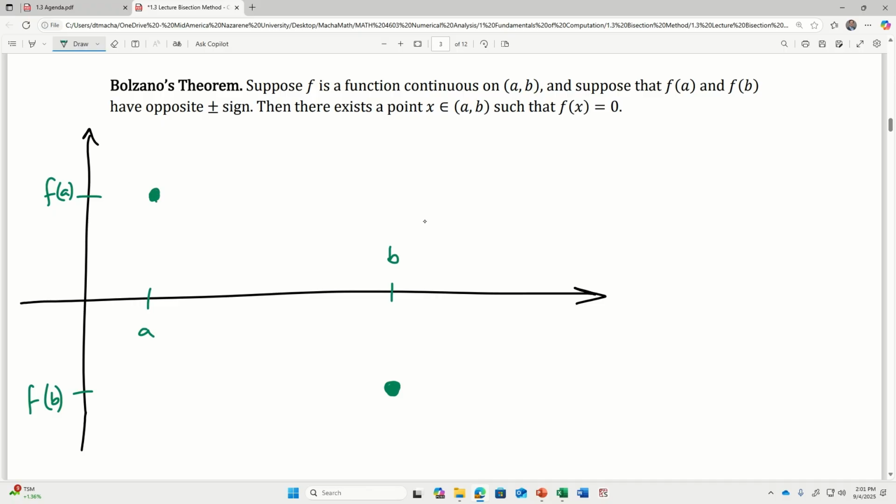There's got to be some point where this continuous function has to pass through the x-axis. You can't avoid it unless you have a discontinuity. So as long as we know my function is continuous, if I switch signs positive to negative, there has to be a 0 in between.